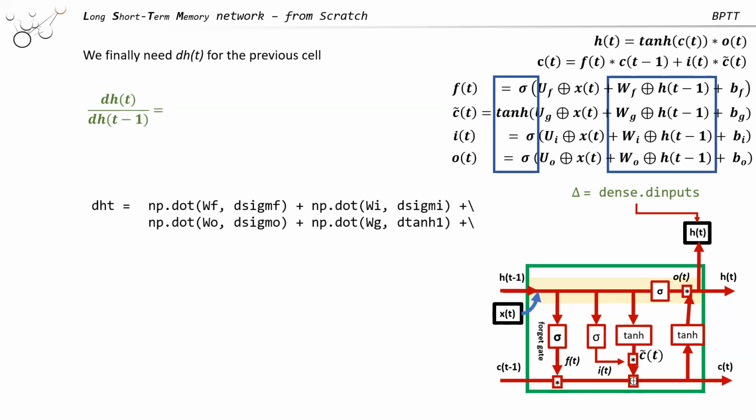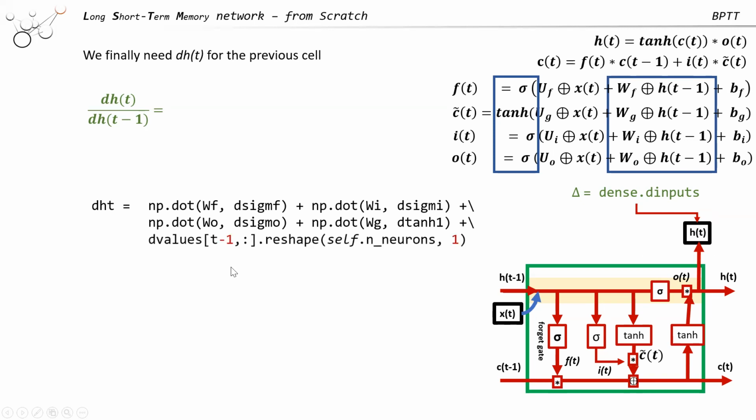So this is DHT, how it changes with respect to the information of the previous cell. But there's some information missing. That's the information of the current HT, which comes directly from the loss function. So we also have to calculate or add the change from the loss function.